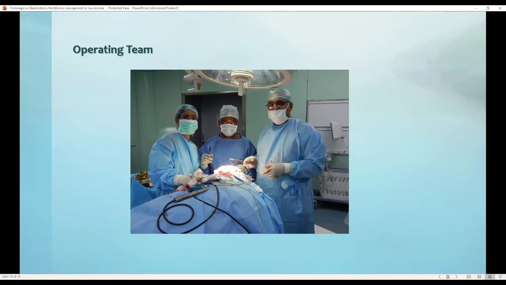So the question is, this question has to be answered for everyone. What is the importance of operating on someone with a very short survival time after the operation? And again, why operate on this patient?